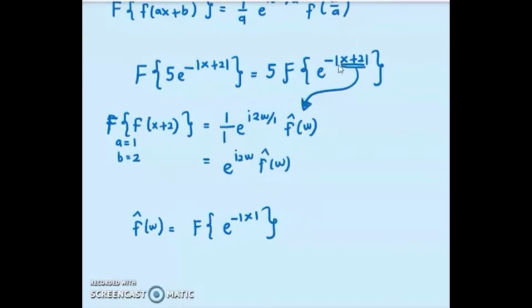Now all we are left with is this, and this is by the definition, by the Fourier table. Fourier of e to the negative modulus x is given by, I think the definition is given by this.